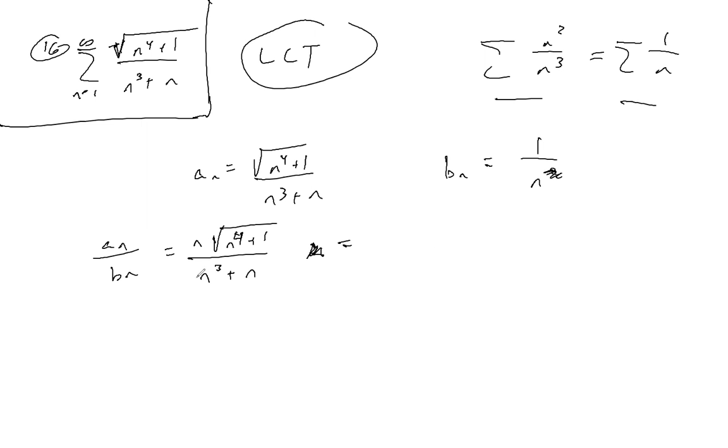We can cancel out this n from the top and bottom. We get the square root of n to the fourth plus 1 over n squared plus 1.